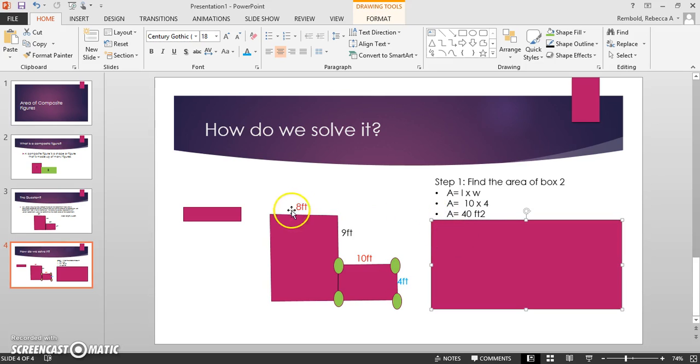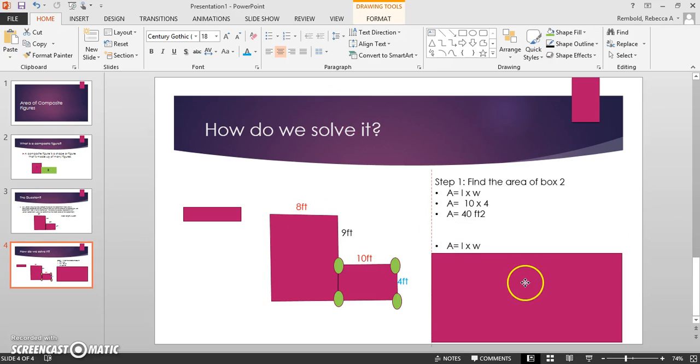Now, we are going to move on to this first box, and this is where it becomes a little interesting and a little tricky. So what we are going to do is start our formula the same exact way. Area equals length times width. That is never going to change.